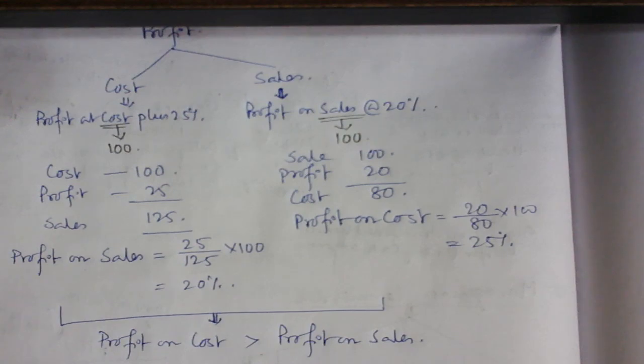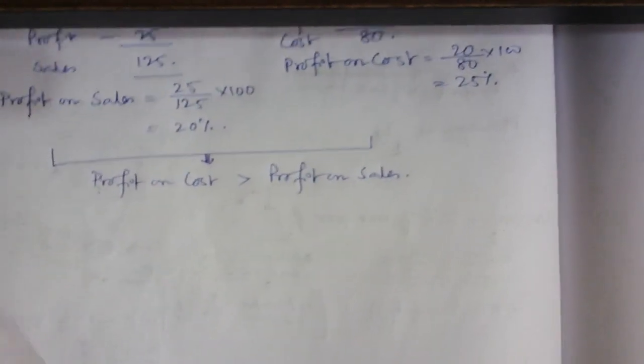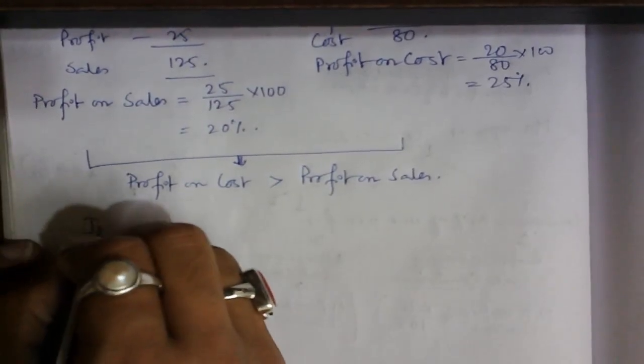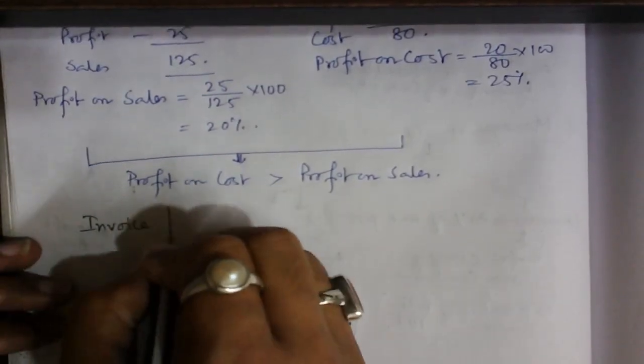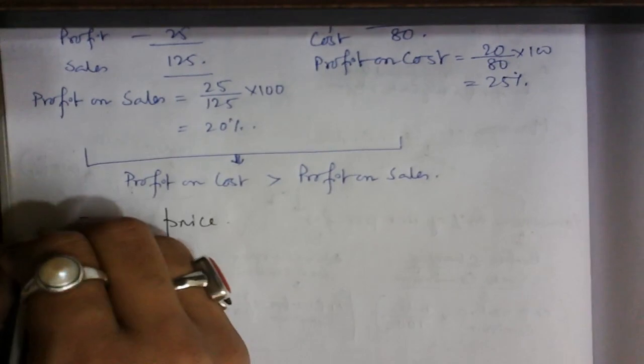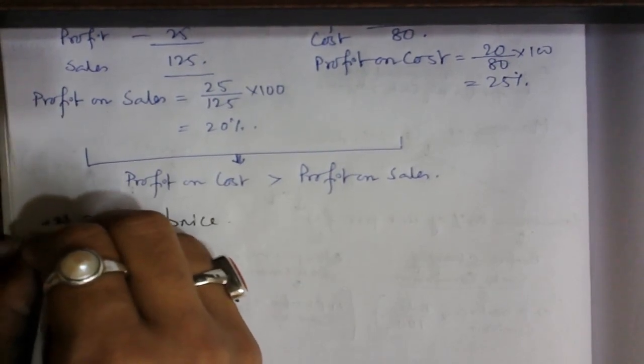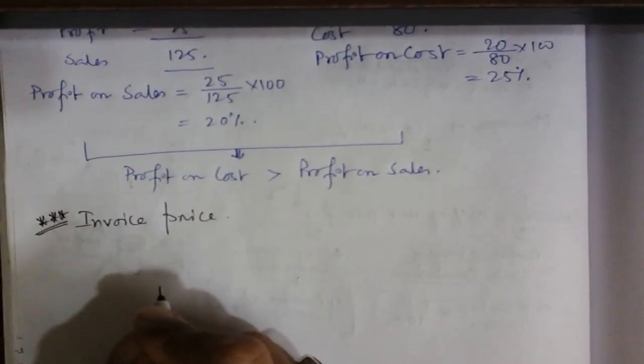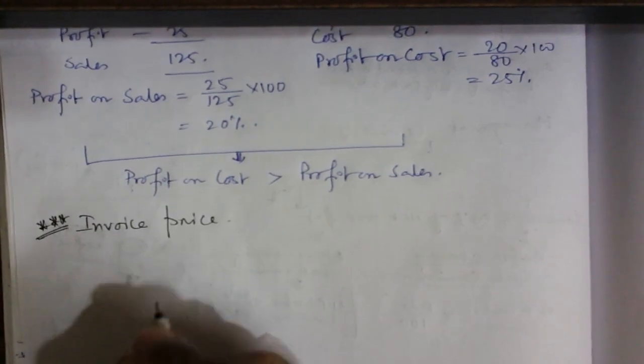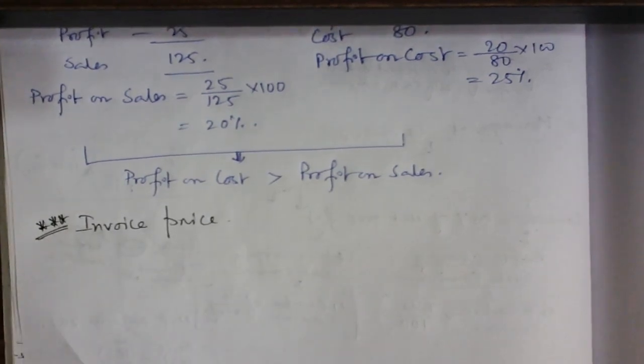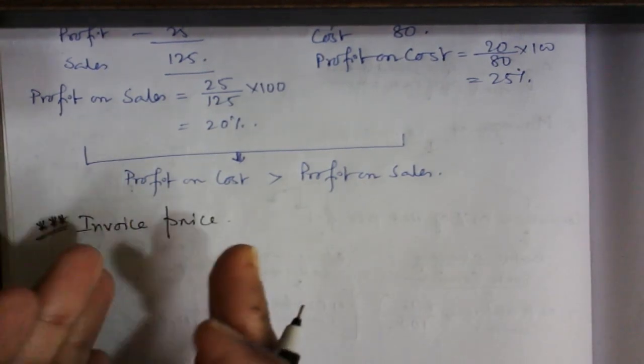Okay, now let's move on. Now we are going to understand the invoice price concept clearly. So in case of invoice price, the first thing is, what is invoice price?